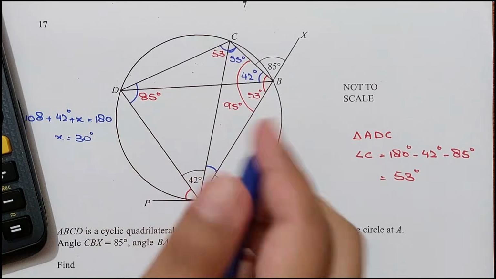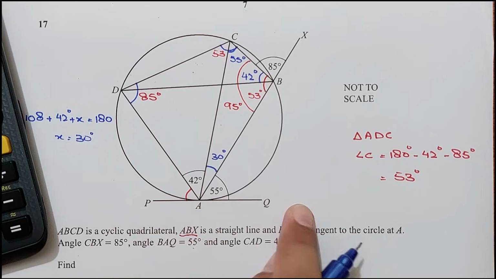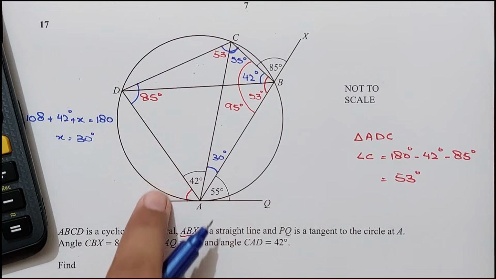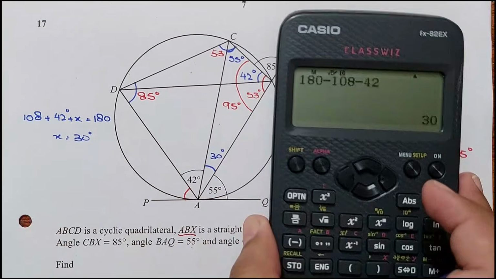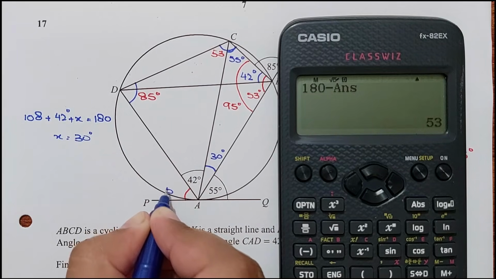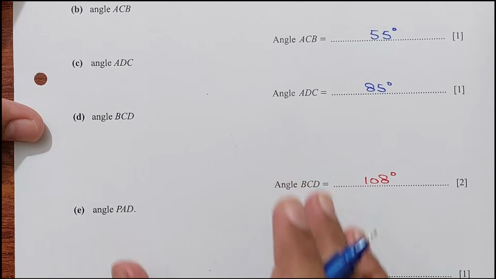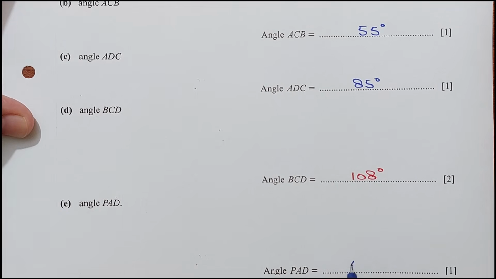All right, so this is 30, right? And this is a straight line, PQ is tangent, so this whole is 180 degrees. So the sum of 55 plus 30 plus 42, and 180 take away the answer is 53. So this angle is 53 degrees. So PAD is 53 degrees, right?